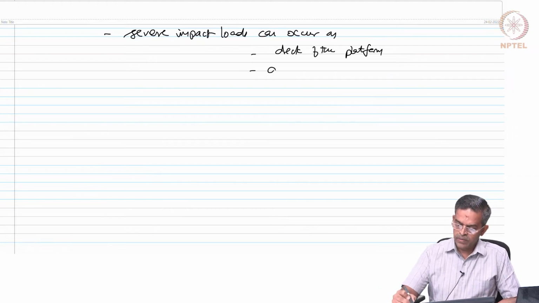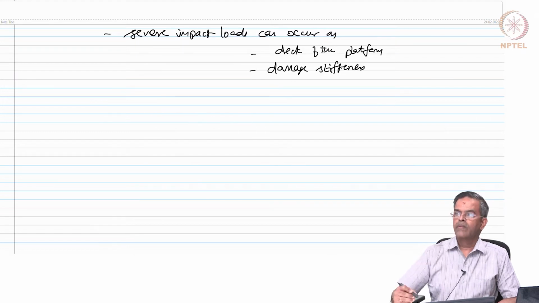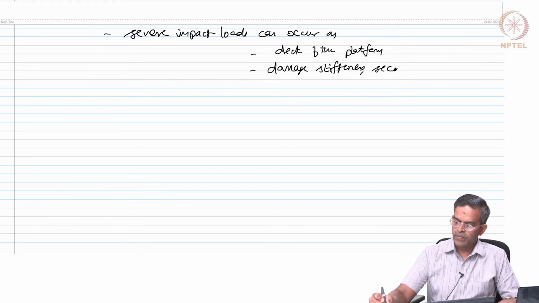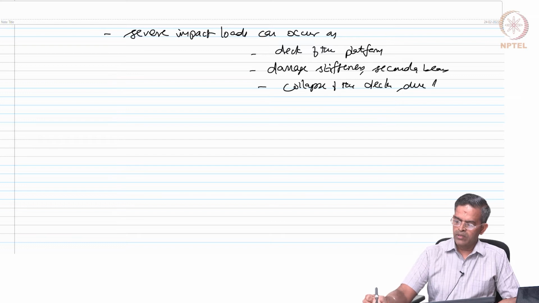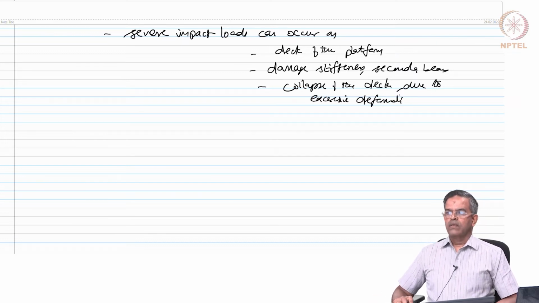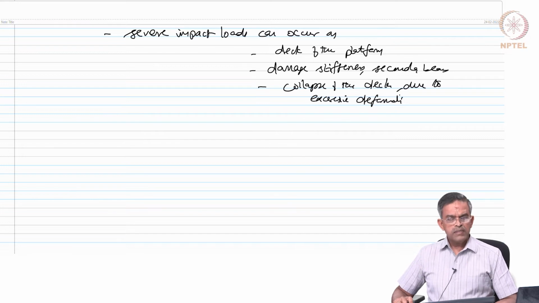It can damage the stiffeners, the secondary beams, and it can also result in collapse of the deck due to excessive deformation. Therefore, it is necessary to investigate the strength capabilities of the topside elements to support this kind of impact loads.